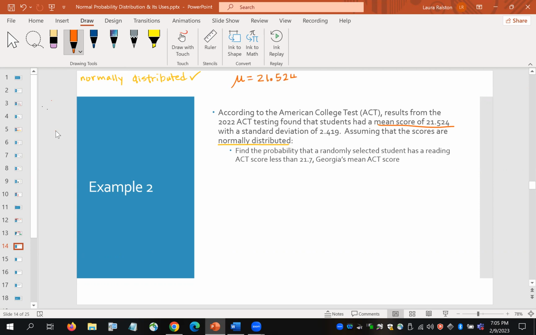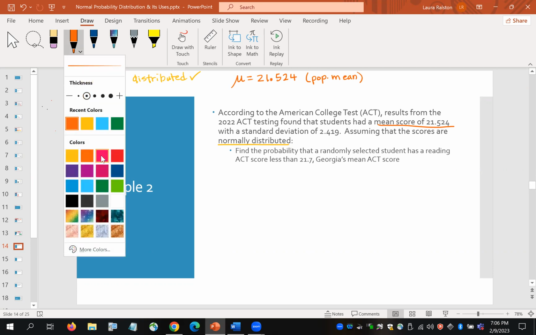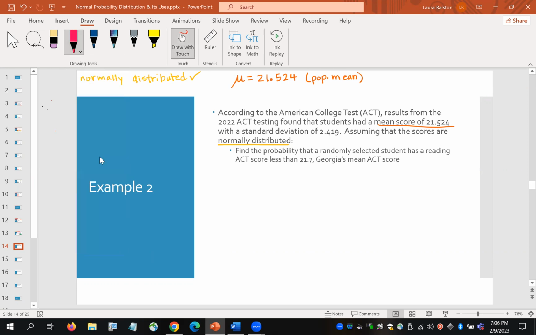I'm going to use the symbol for the population mean. I'll shorten it, pop mean. It tells me that my standard deviation is 2.419. That hadn't changed. That's the population standard deviation.